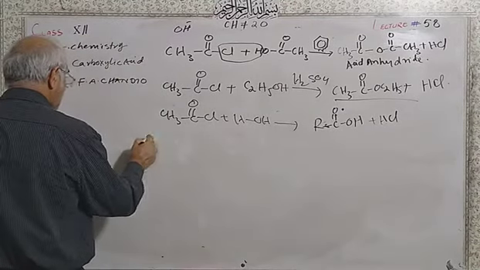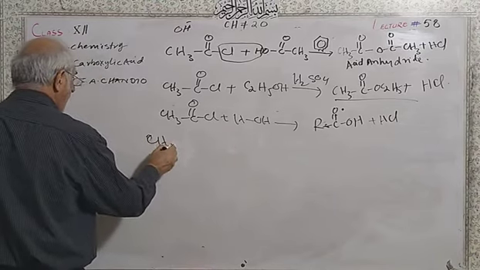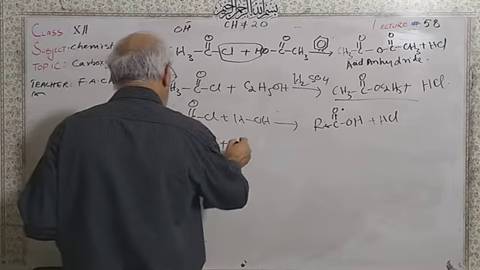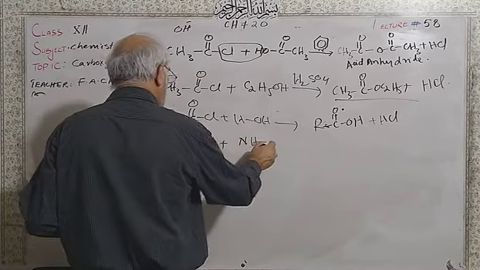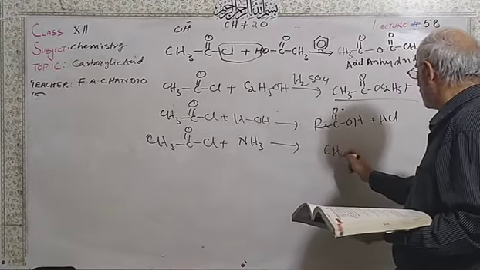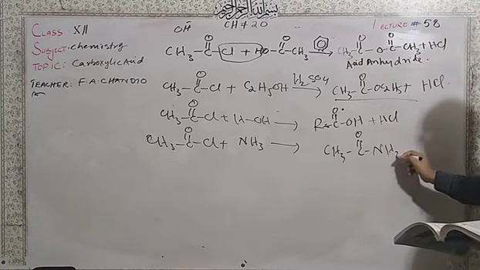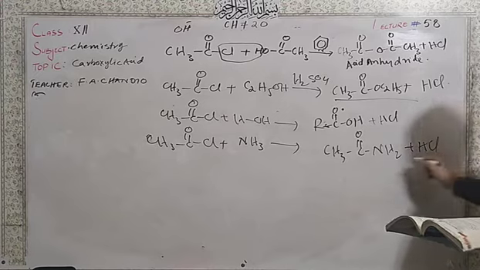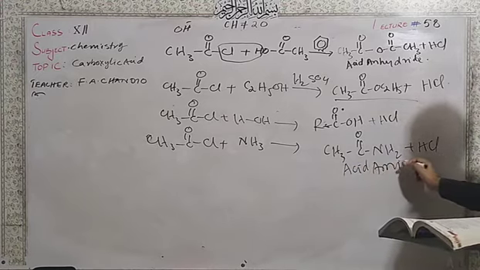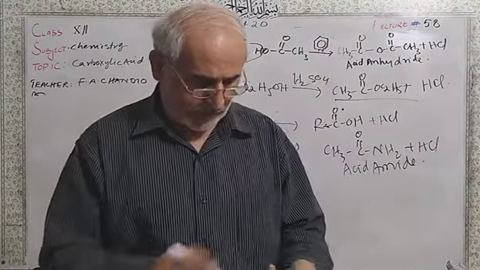And the last one is again acid chloride plus ammonia. You will get amide. This is the acid amide, plus HCl. So these are the 4 derivatives.